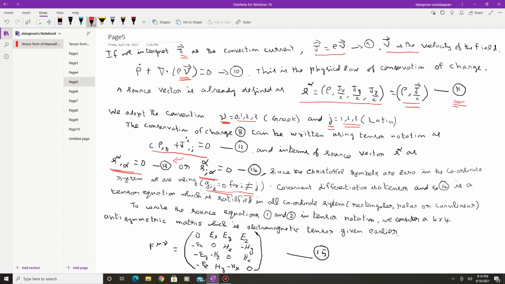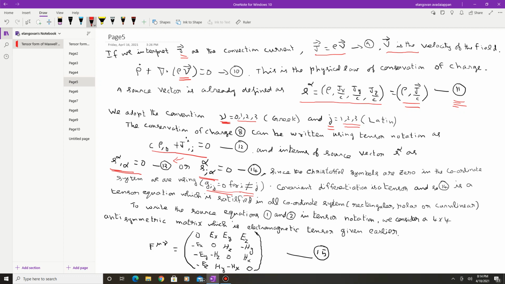What is the advantage? Tensor equations are satisfied in all coordinate systems, whereas the normal derivative form is satisfied only for the rectangular coordinate system. So whether the coordinate system is polar, rectangular or any curvilinear, equation 14 is satisfied.